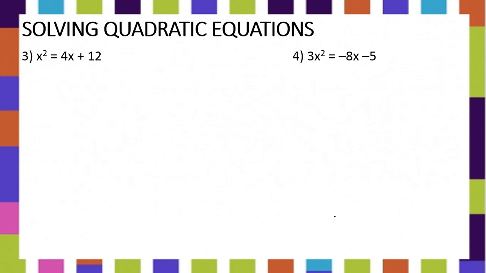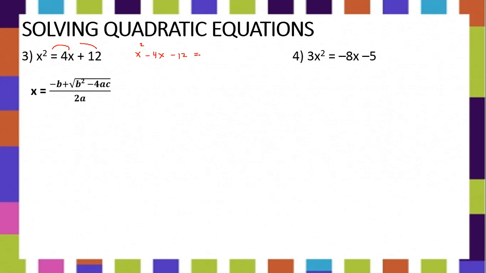Punta na tayo dito sa example number 3 and 4. As usual, kailangan nating i-arrange tong equation natin. Makukuha natin is x squared, ililipat ko to, will be negative 4x. Ililipat ko din yung isang to, magiging negative 12.